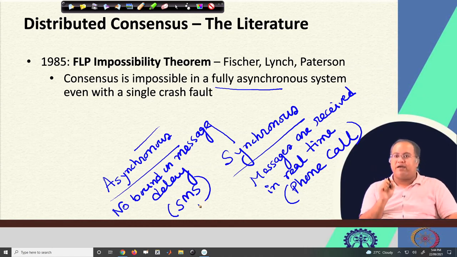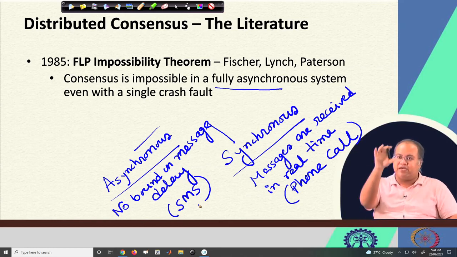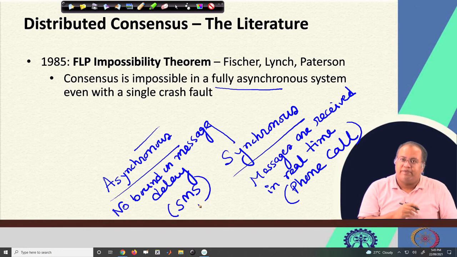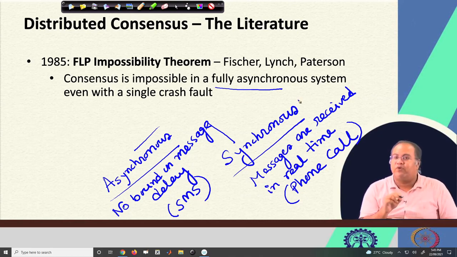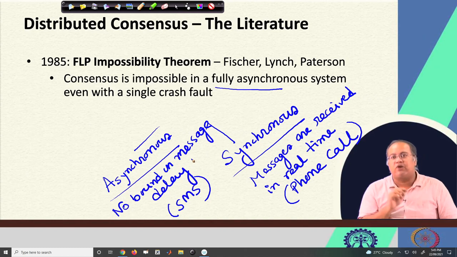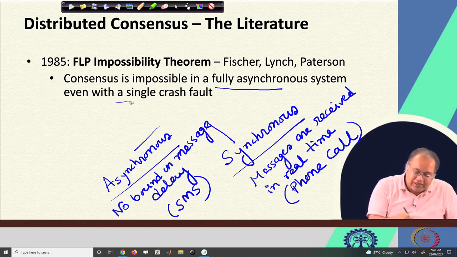There can be problems or delays in the network, and the message you have transmitted might get dropped. So most of our realistic communication environments are mostly asynchronous. What the FLP impossibility theorem says is that in a fully asynchronous system, that means when you do not have any bound on the message delay, it is impossible to reach consensus even with a single crash fault.